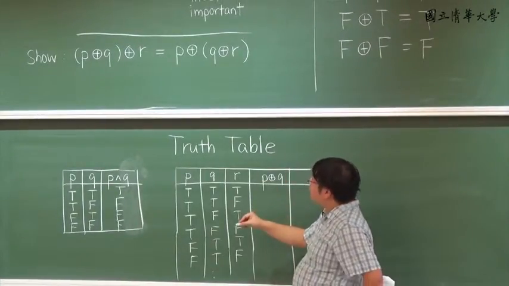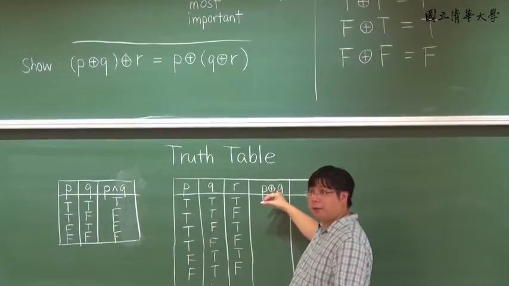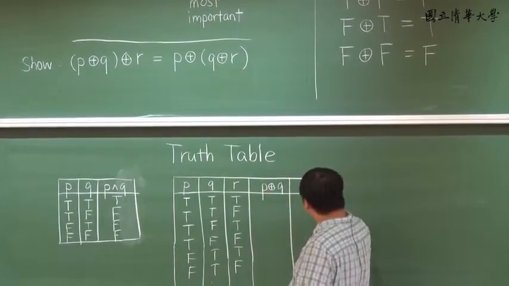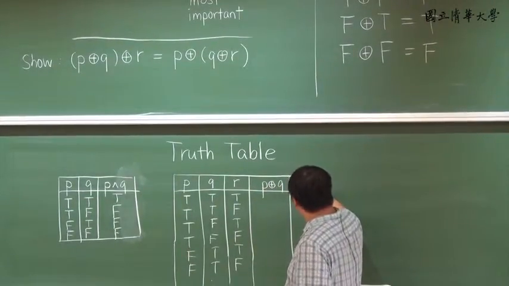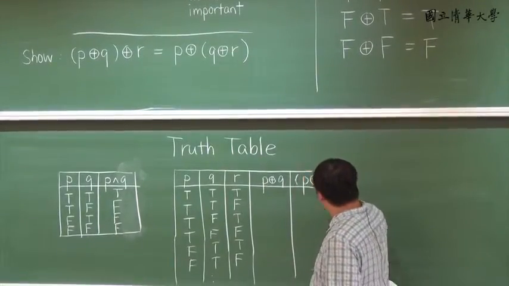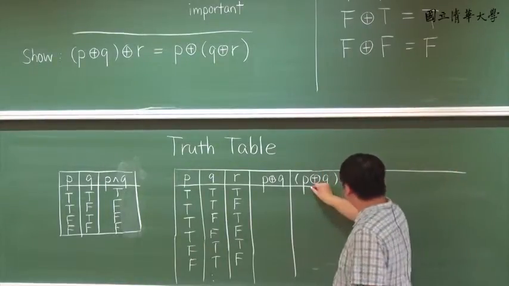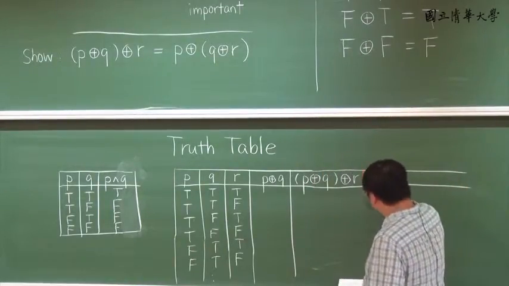So on the left-hand side, we know what R is because R is already there, but we don't know what P exclusive or Q is. So this is a term that we want to find out. And then we also have exclusive or R. Okay, so this table becomes very, very long now.